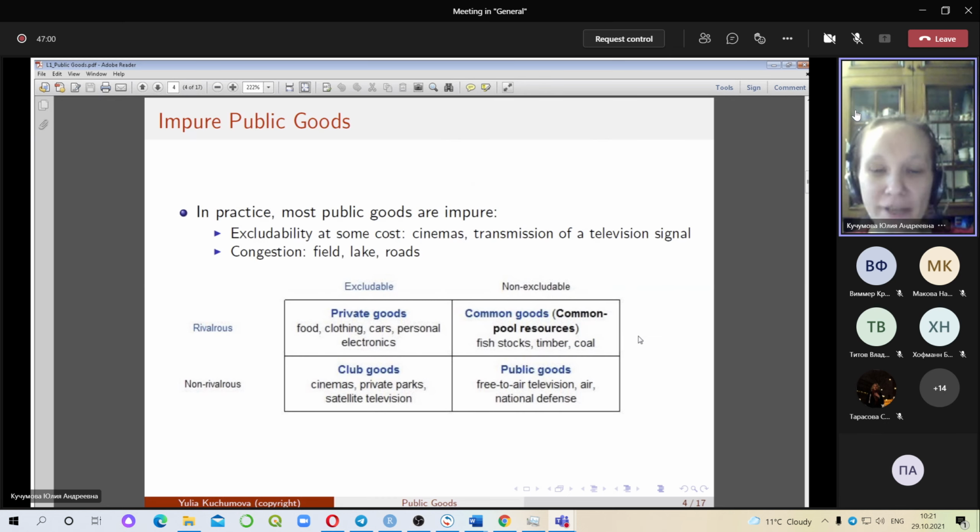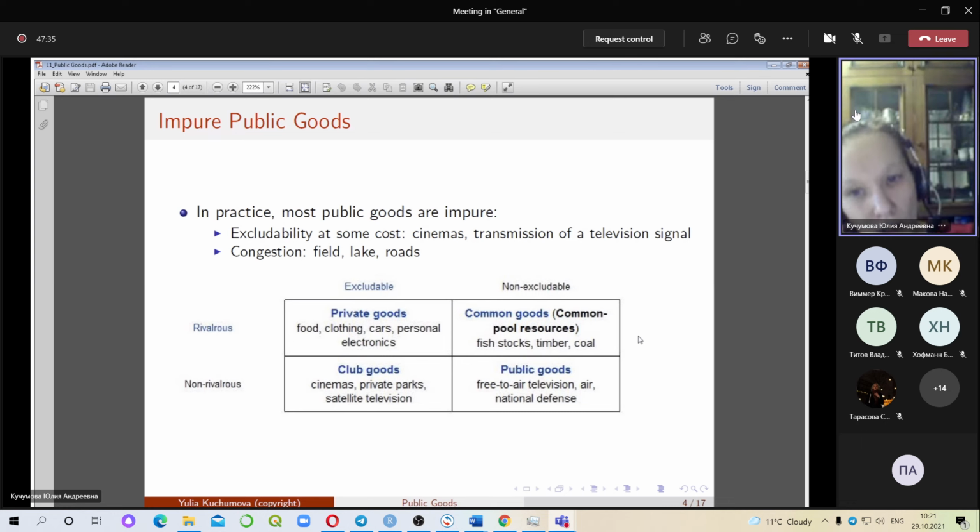You already previewed that in practice we have impure public goods, right? The properties I mentioned are for a pure public good, which is more like a theoretical concept. And most of the examples of public goods we have in practice are impure public goods.